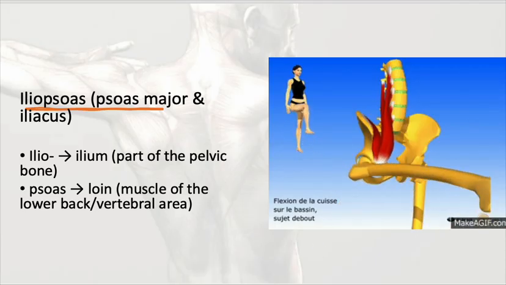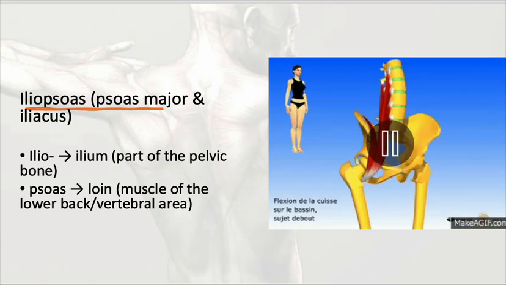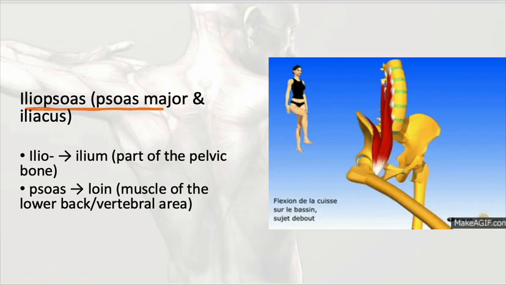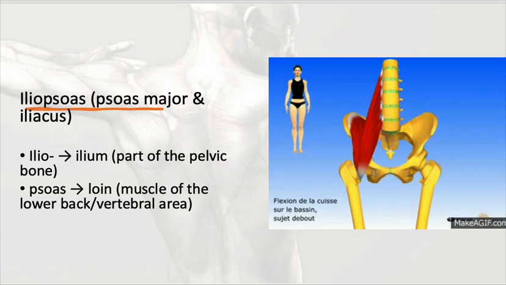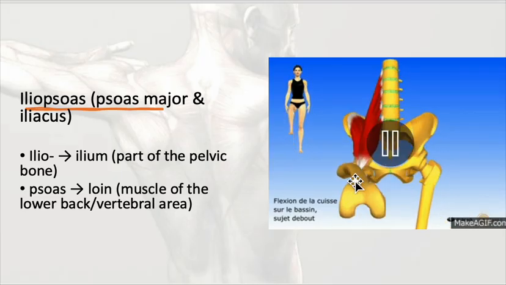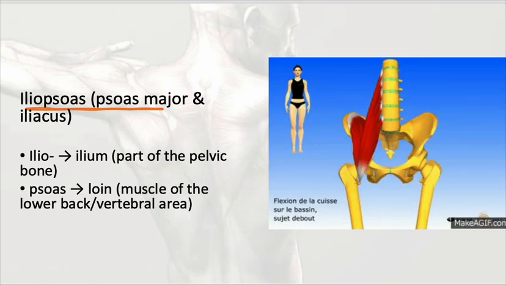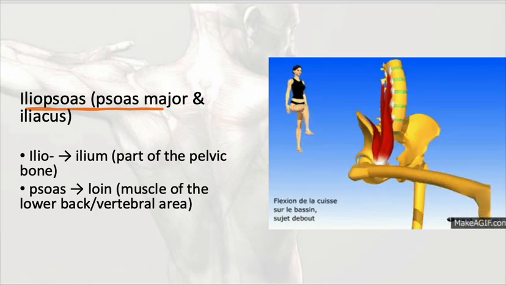Again, the origins are always the stationary anchors, and we can see that here. Its function is hip flexion. When it contracts, it shortens and pulls that insertion point at the femur towards the origin at the spine and pelvis. And so it lifts the thigh towards the torso to perform hip flexion.